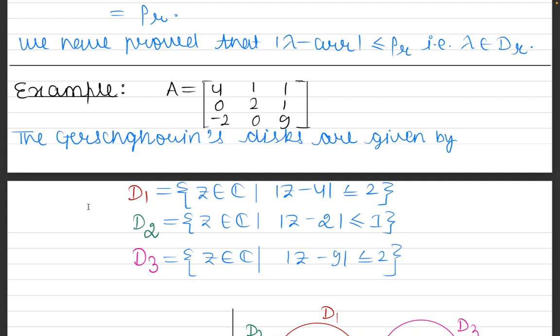To solve such an equation, we saw one method which is called the bisection method. The bisection method is basically an application of the intermediate value theorem. What does the intermediate value theorem say?